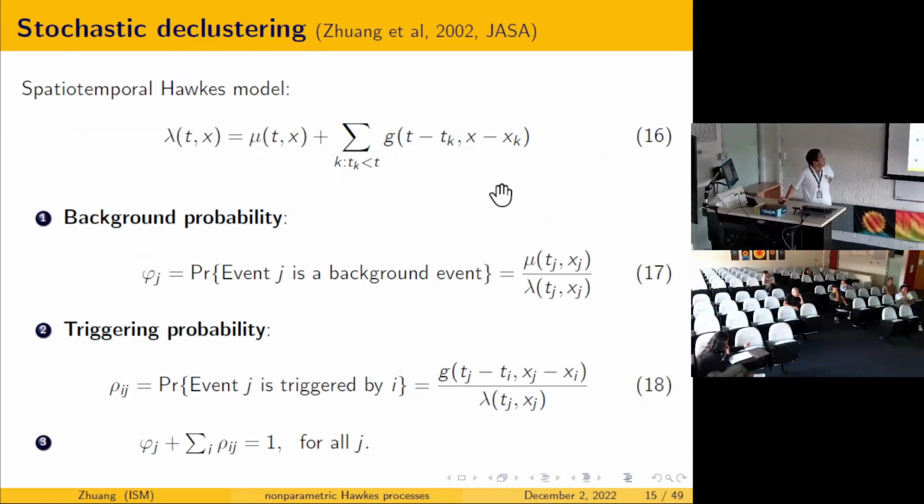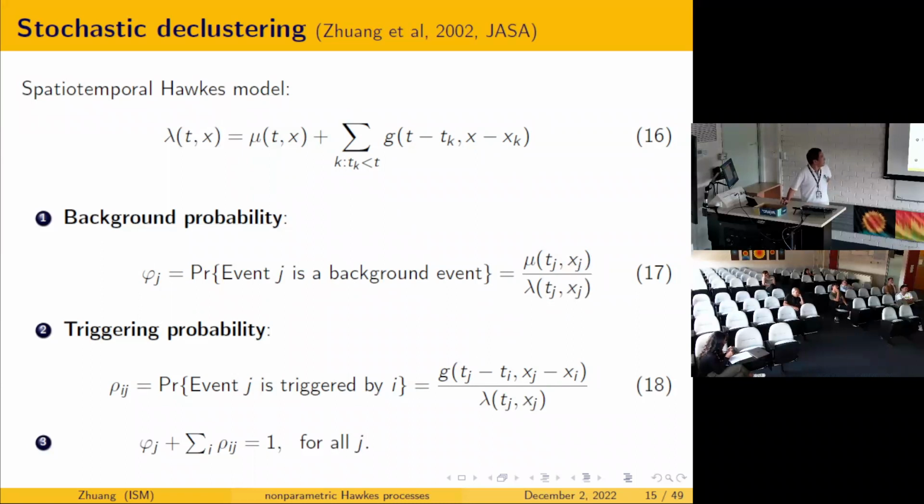So look at this conditional intensity. We can reach a conclusion. The probability that event j is from the background is just mu divided by lambda, with their values at the occurrence time and location of that event.